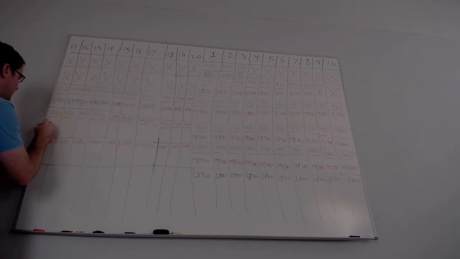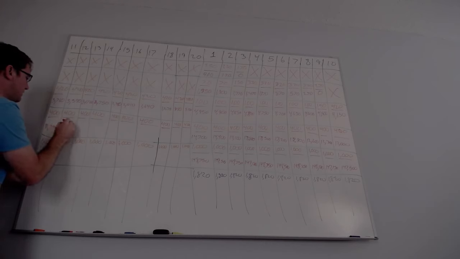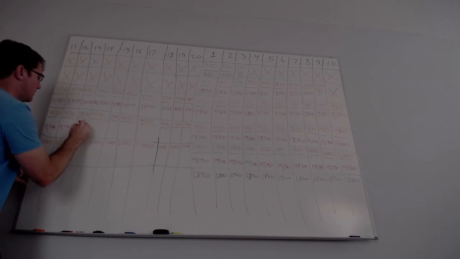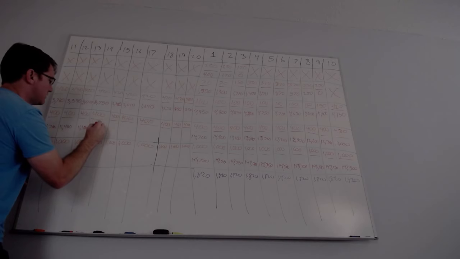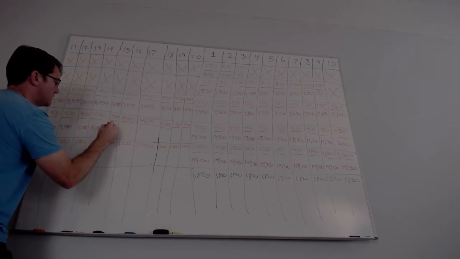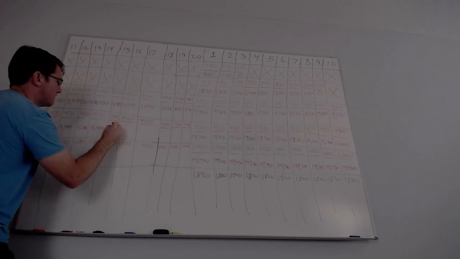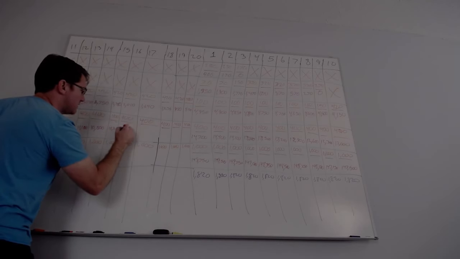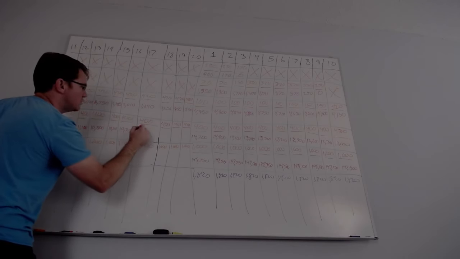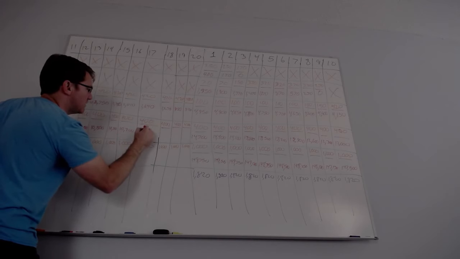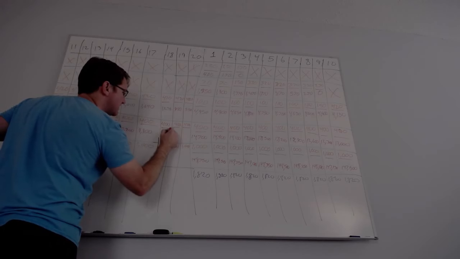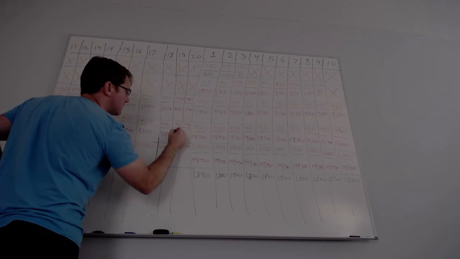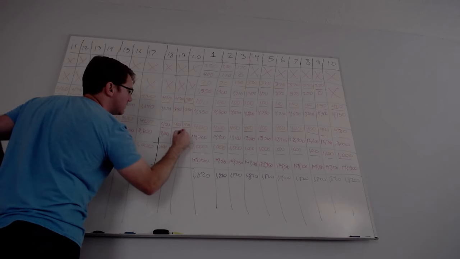Okay, so this is going to be 11,700, 11,400, 11,100, 10,800, 10,500, 10,200, 9,900, 9,600, 9,300.